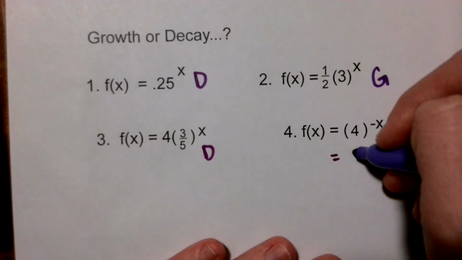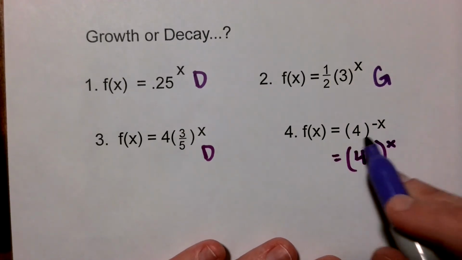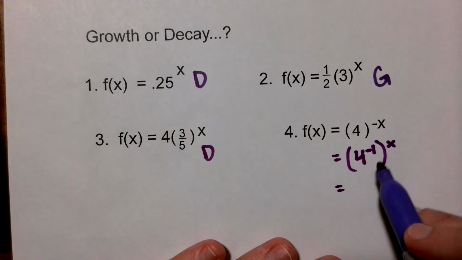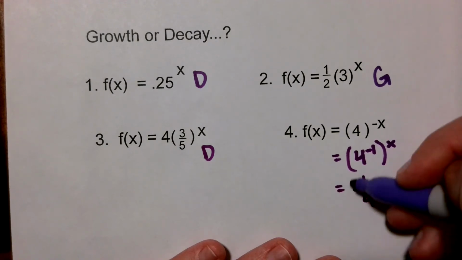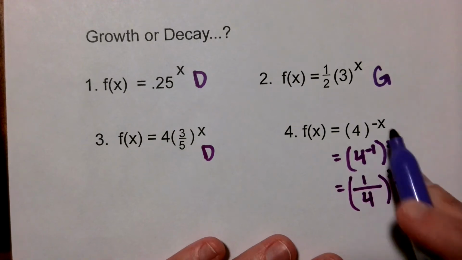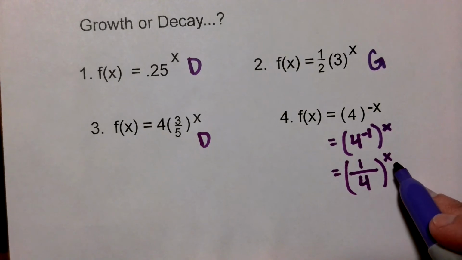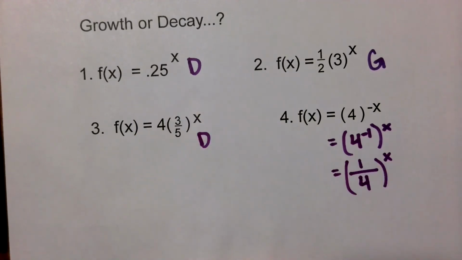So if I attach just that -1, these would be the same, 4 to the -1 times x, or to the x, but they would be multiplied. Then I could move my 4 to the -1 to the denominator and make that power positive. So my 4 to the -x is actually the same as 1/4 to the x. It is the same as number 1. So these are actually the same thing.